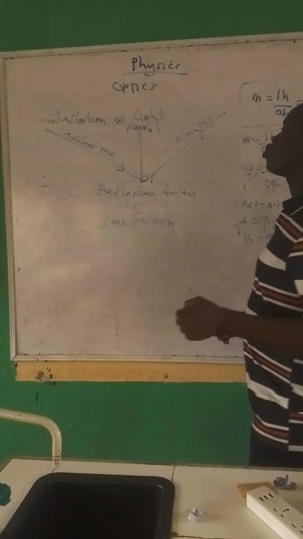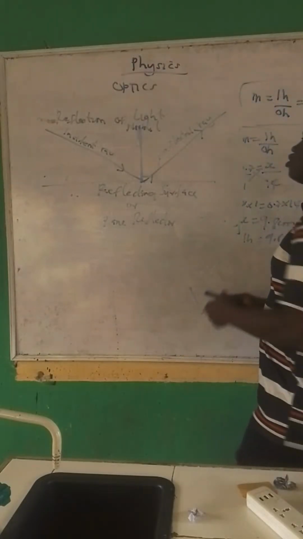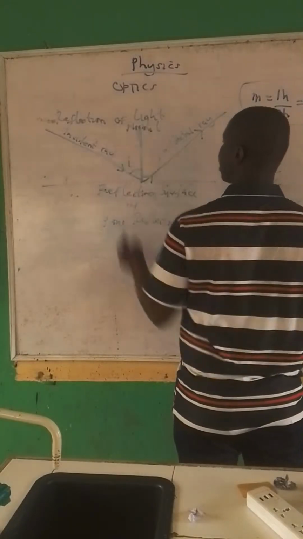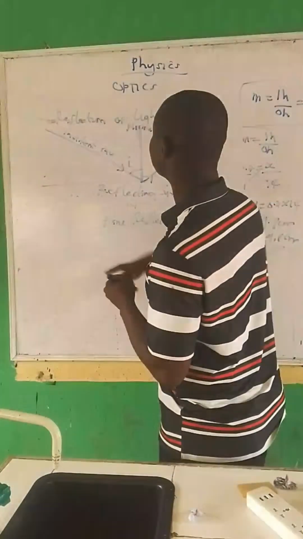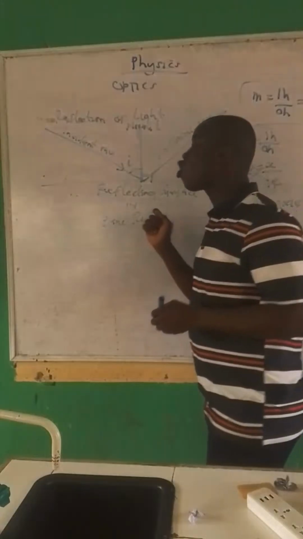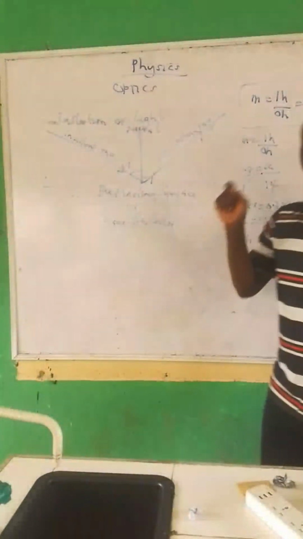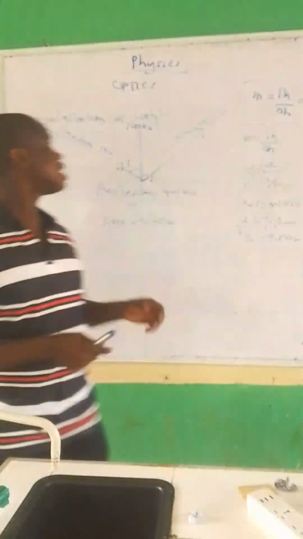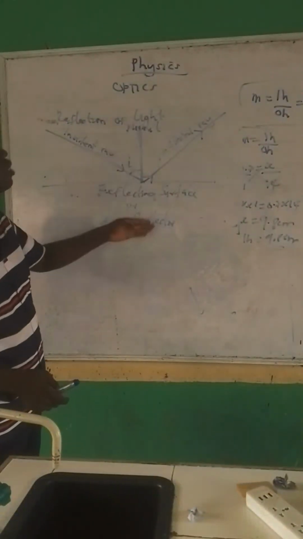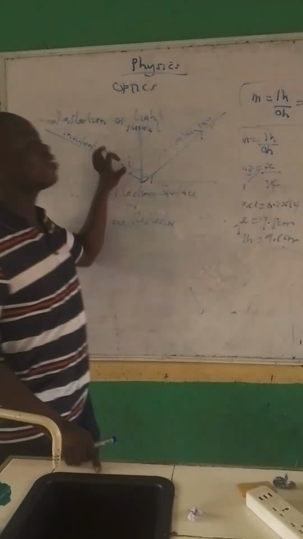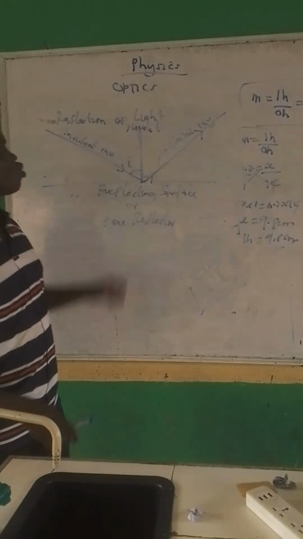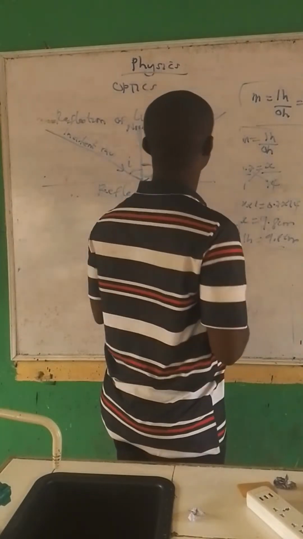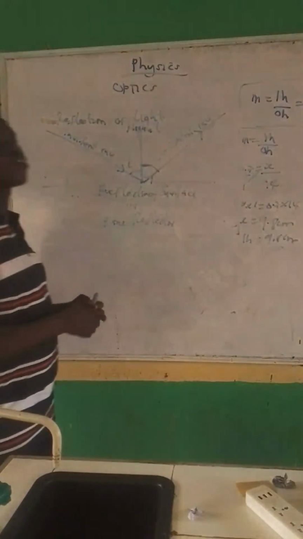The angle between the incident ray and the normal is called the angle of incidence and is denoted as I. While the angle between the reflected ray and the normal is called the angle of reflection.